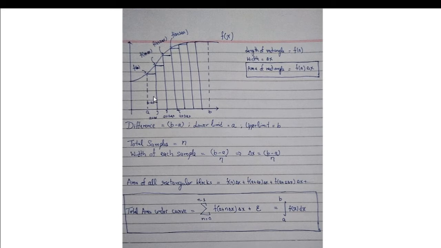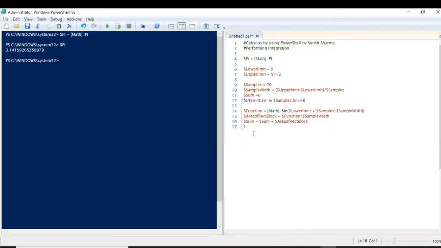What will this sum variable do? This will calculate this area, and in the next loop it will add the new area with this one. In the third loop, it will add the areas of these two along with the area of this.